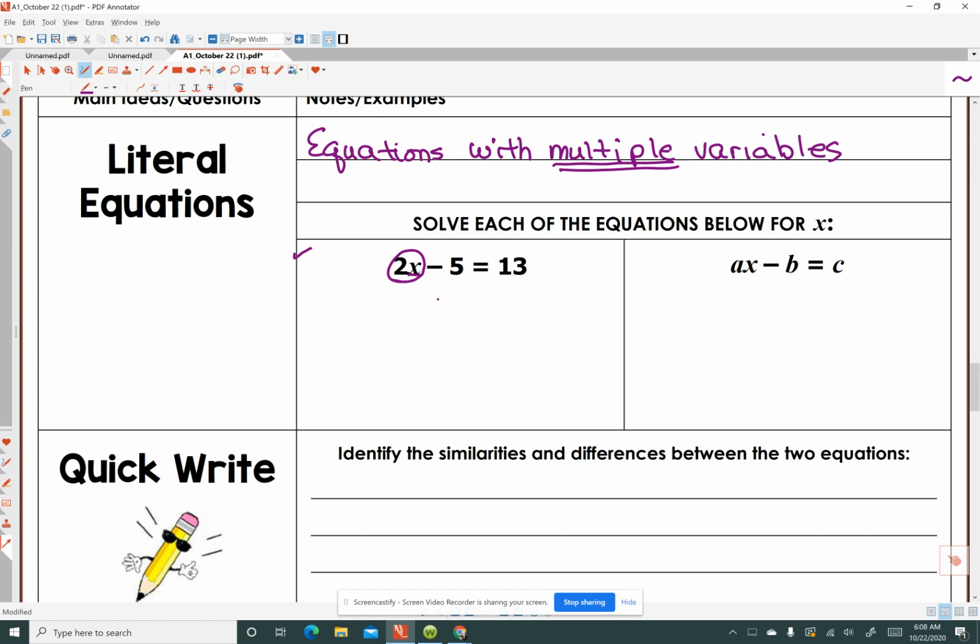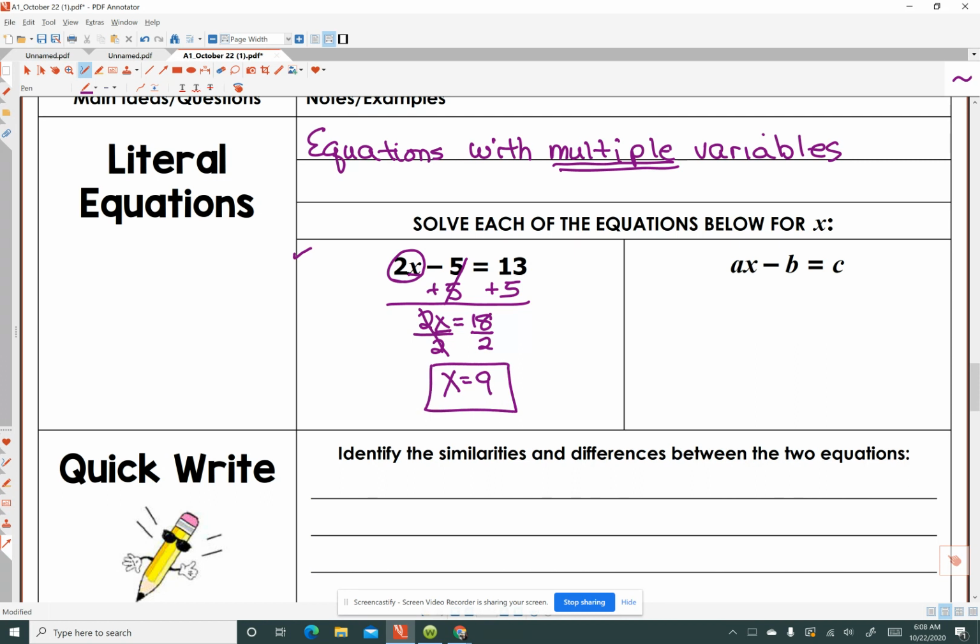So to isolate the term, I'll need to add 5 to both sides, which leaves me with 2x equals 18. And then I need to isolate x, which I'll do with division, because x is being multiplied by 2. So I will do the opposite, which is divide by 2. And my final answer will be x equals 9.